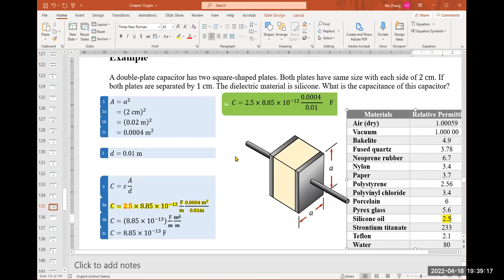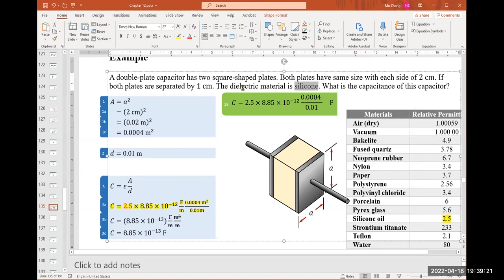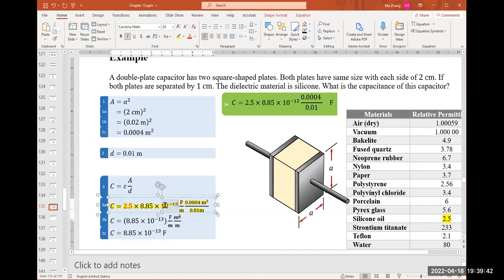This one, because we are using silicon, and because it's mentioned, right? The dielectric material is silicon oil, not vacuum, not bakelite, not nylon. And that has a relative permittivity of 2.5 times the permittivity of vacuum, 8.85 times 10 to the negative 12.